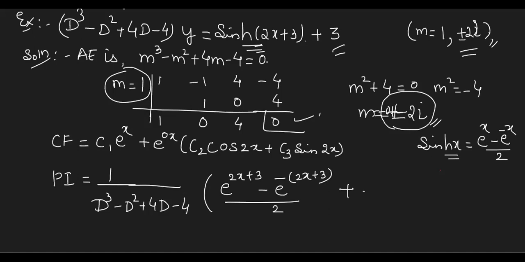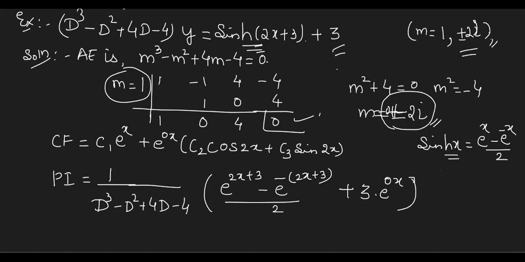Because I cannot leave a constant, it should be treated in the form e raised to ax. What value do I have to use so that it balances as 3? Yes, 3 into e raised to 0x. What is e raised to 0x? 1. So I am writing 1 as an exponential.